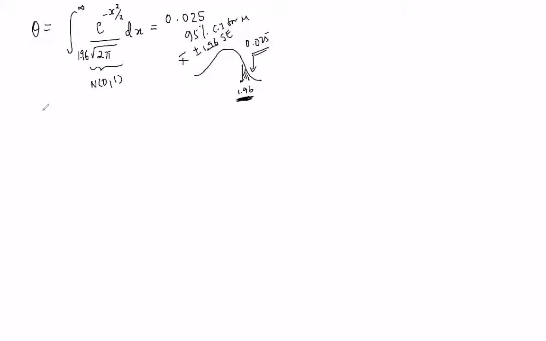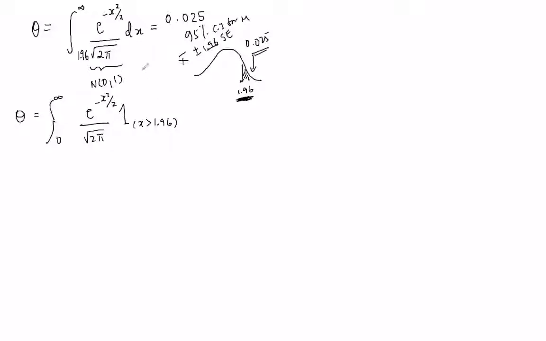Now, how do you go about doing a Monte Carlo case here? The naive Monte Carlo case will be like this: 1 over square root of 2 pi, indicator function x greater than 1.96, dx.